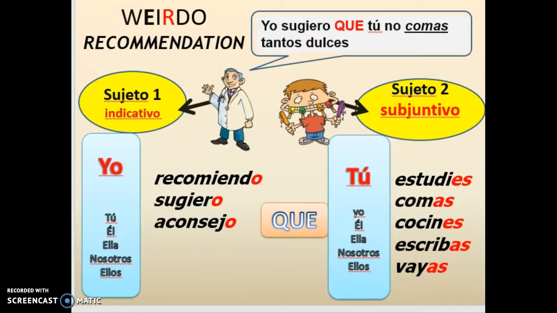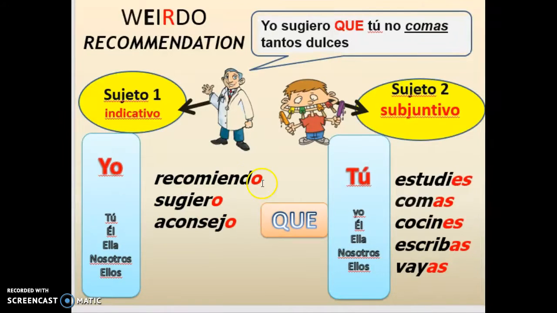The R stands for the recommendations. I recommend, I suggest, I advise. We've been using advice and some of those expressions to give an opinion or to give a wish. Aconsejo, sugiero, recomiendo.